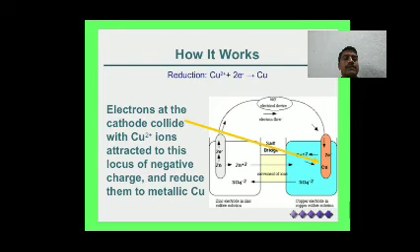By gain of electrons from the zinc plate, Cu2+ gains 2 electrons to form copper deposited at the Cu plate. This reaction is called the reduction reaction.